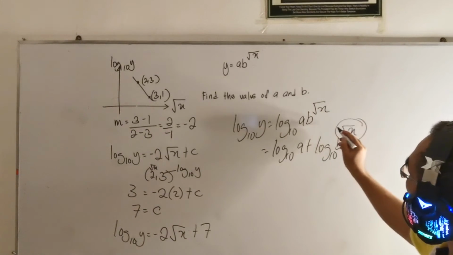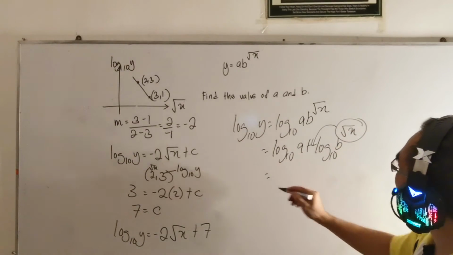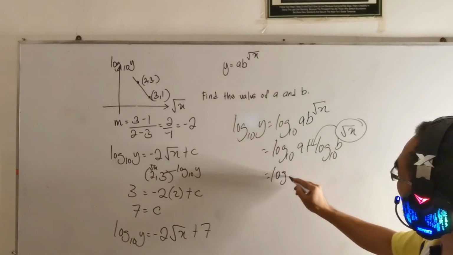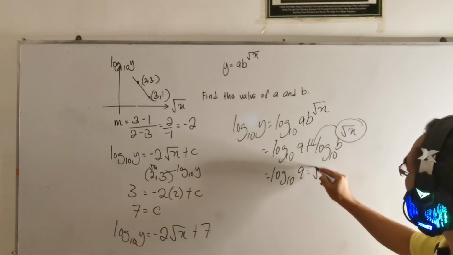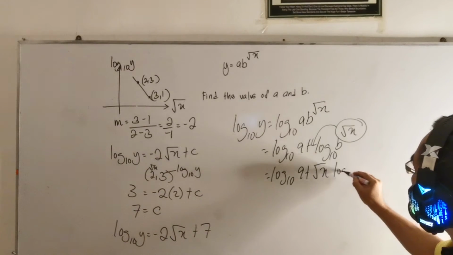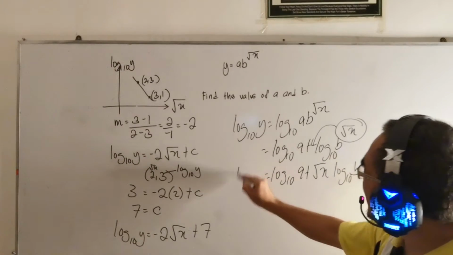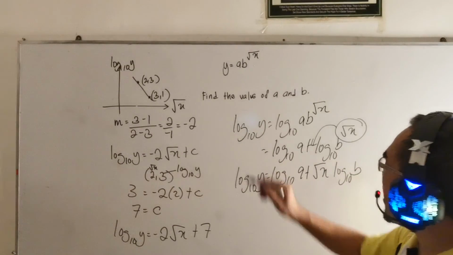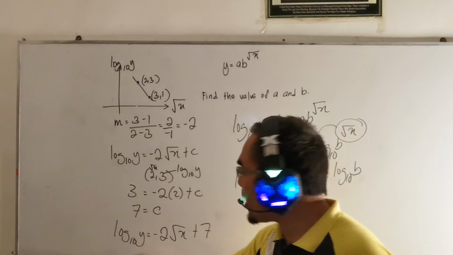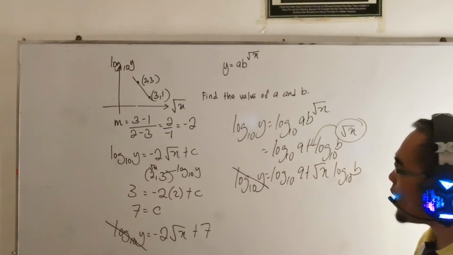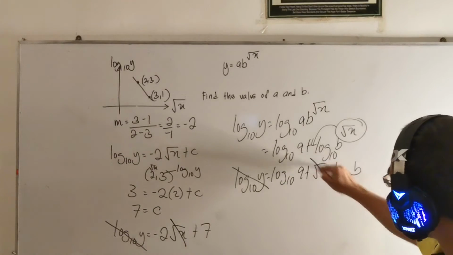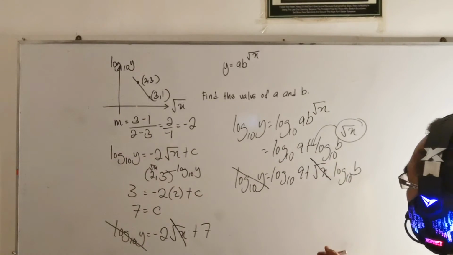Again, with the knowledge of log, you bring the power to the front of log 10b, so it becomes log 10a plus square root of x log 10b. Now you can see we have log 10y here. I cut log 10y with log 10y by comparison, and we have square root of x here, and we have square root of x here also.